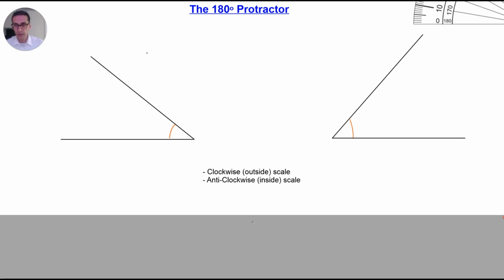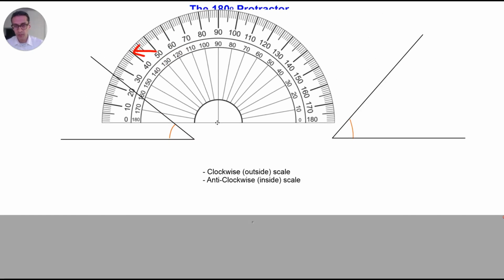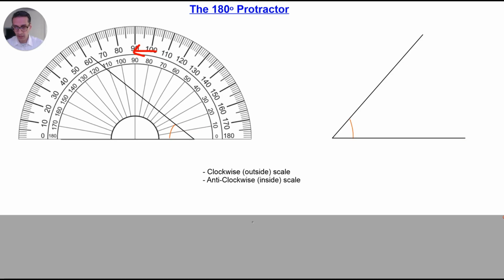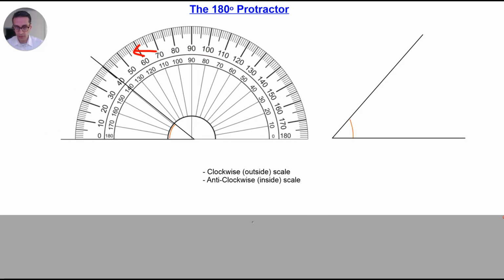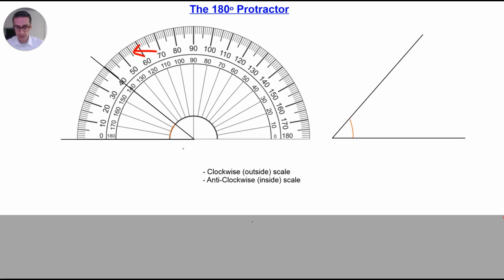Now in this angle here, an angle facing left, if we needed to measure it, you'd put your protractor and line up the origin with the vertex there. So you can see the baseline of the protractor is lined up with the base of the angle, and then I'm going to put them right on top of each other, the vertex and the origin.